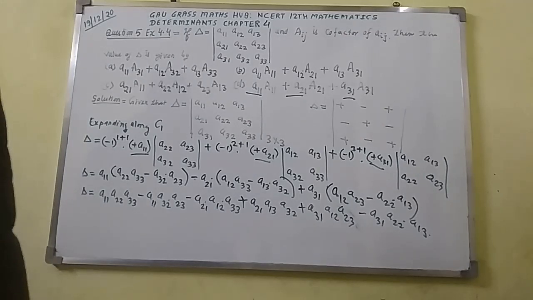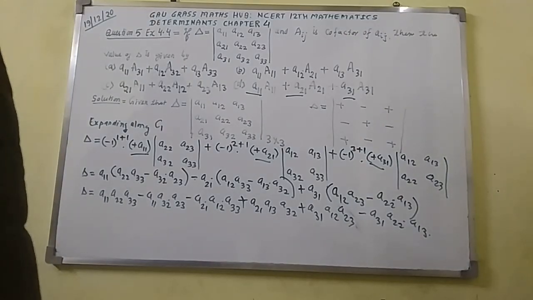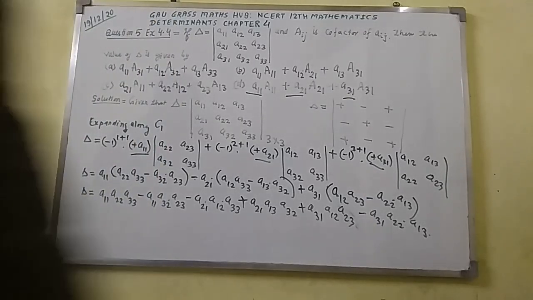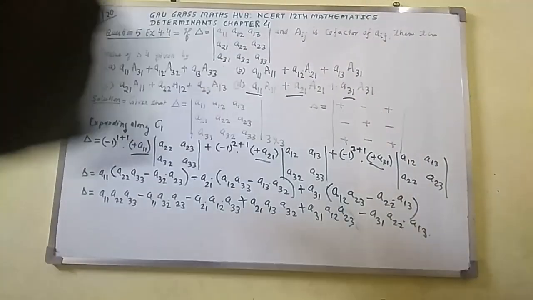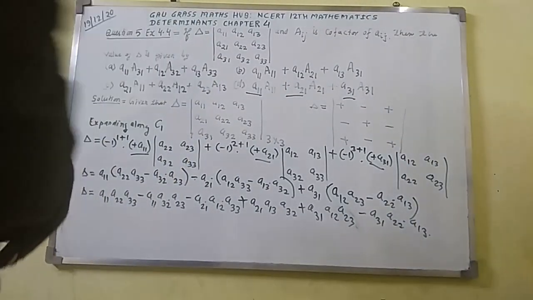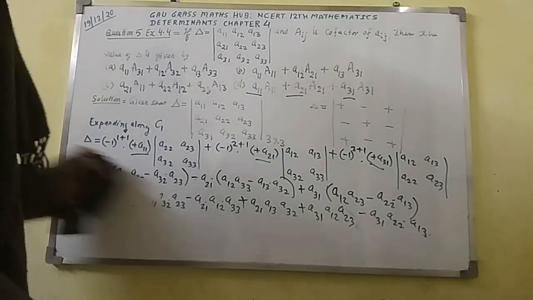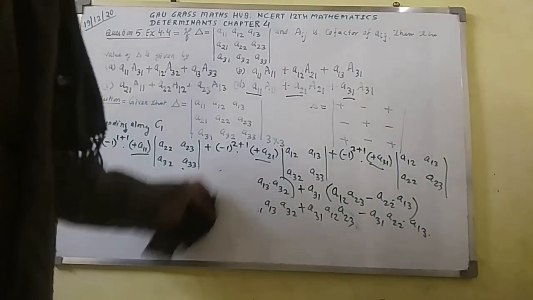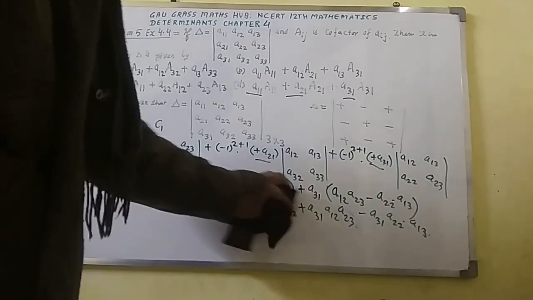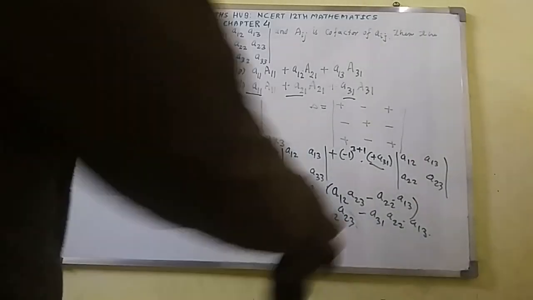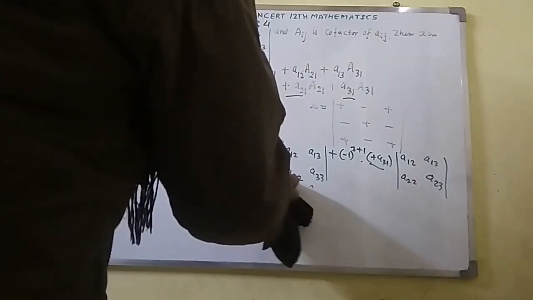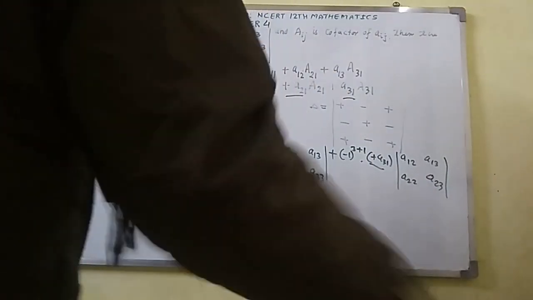So easily you can get like this. So though expansion is not necessary, here I can erase this one. This one can be erased, not required at all. This one I have erased.